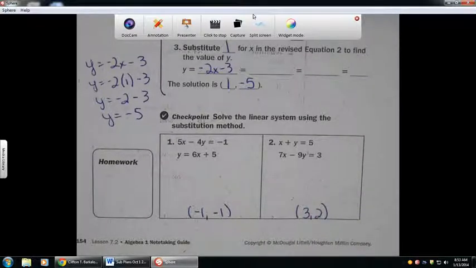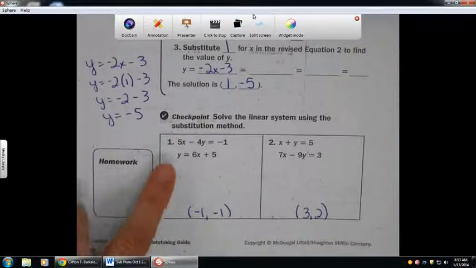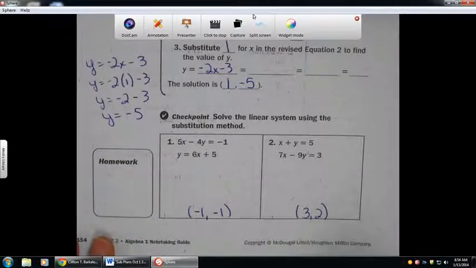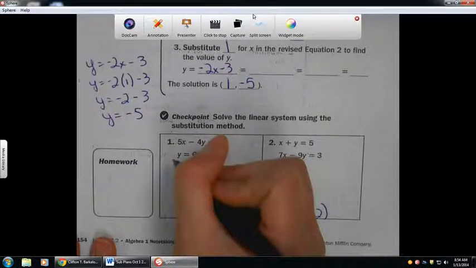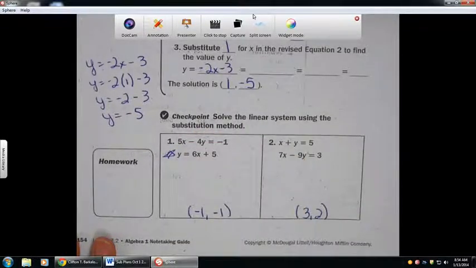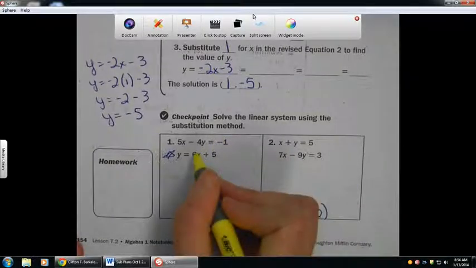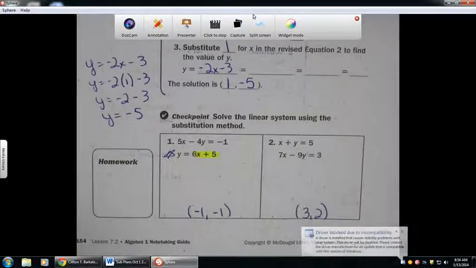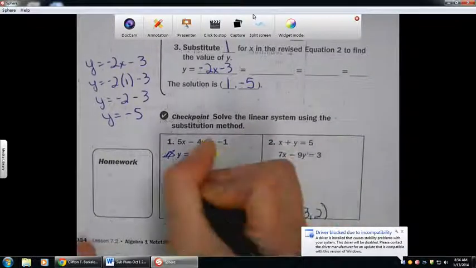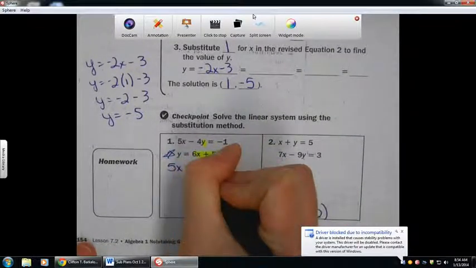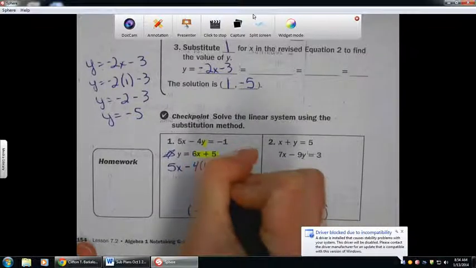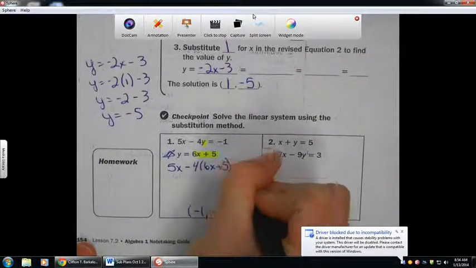We can go back and check through your work in the first equation, in number 1, I'm sorry. The second equation is already solved for y, so that's going to be what you use to substitute. So we're substituting the 6x plus 5 in for y in the first equation. So we have 5x minus 4 times the quantity of 6x plus 5 equals negative 1.